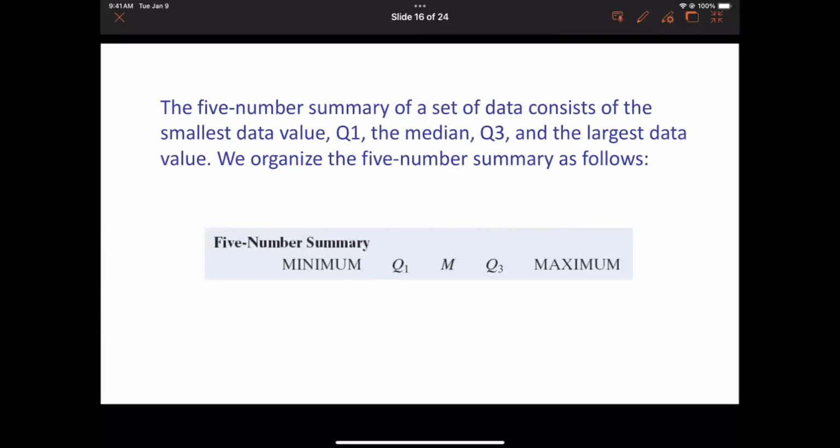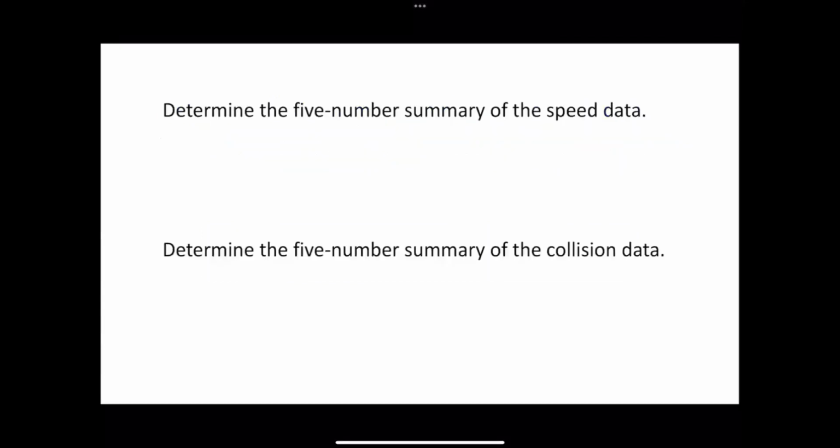So we're going to do an example. Let's find the 5-number summary of the speed data. And of course, I don't remember what our values were. I'm going to go on my other computer real quick, I have the PowerPoint up so I can look at it. Okay.